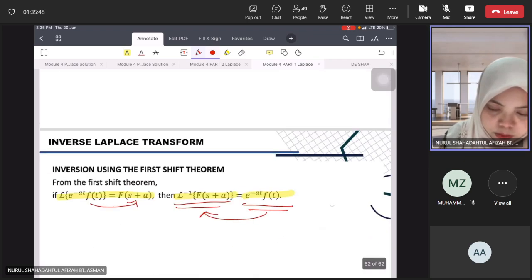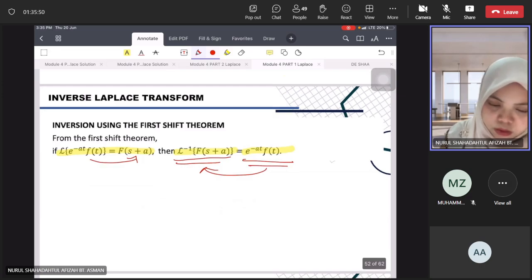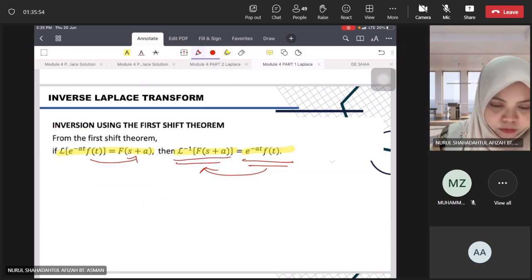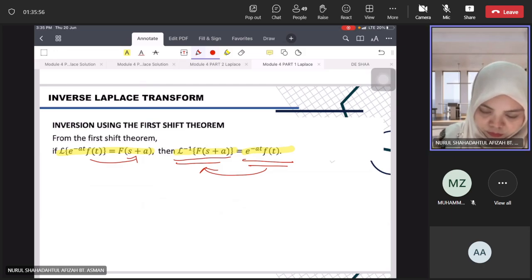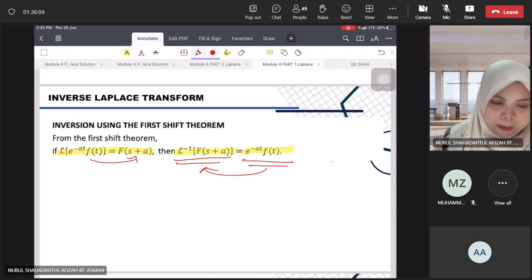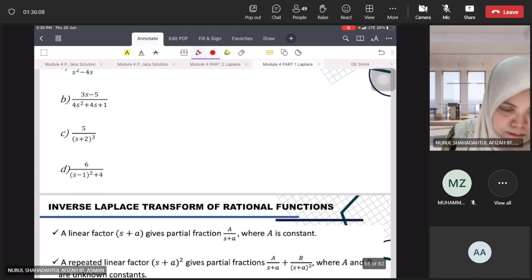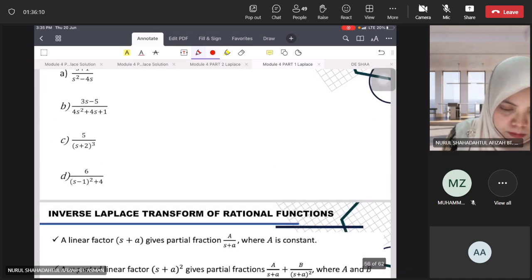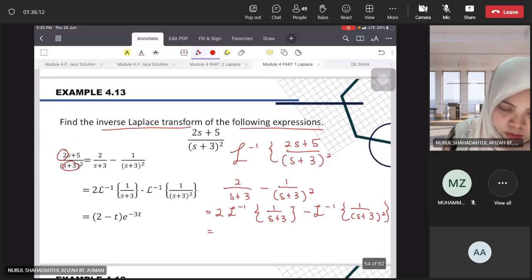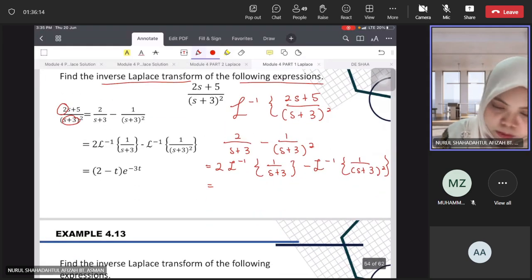Yeah, this one is a bit complicated. Negative, s plus A. Yeah, you need to refer to the table again.